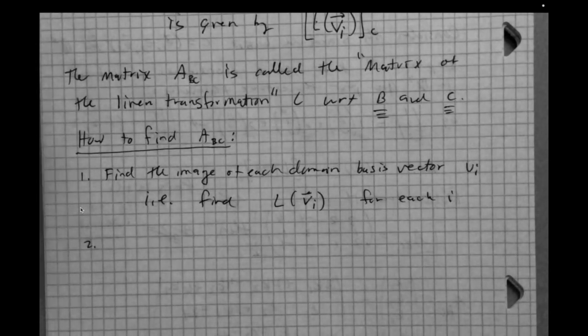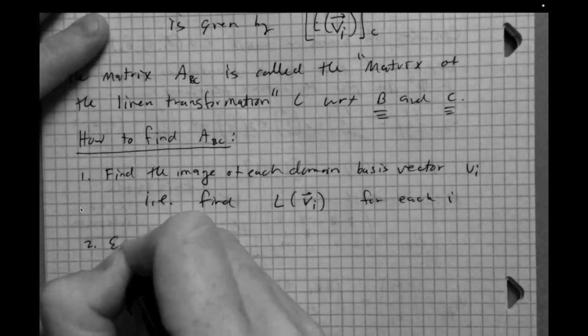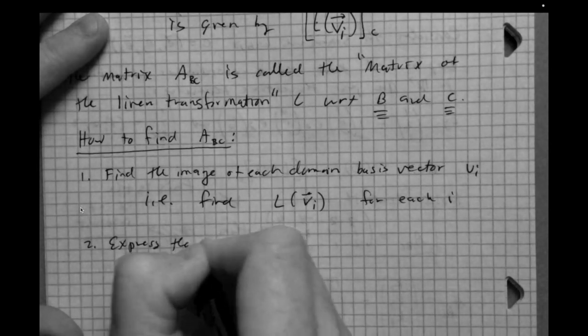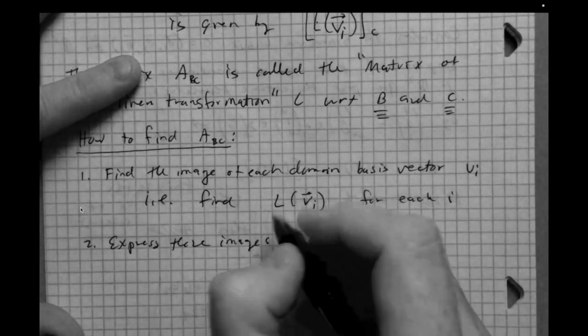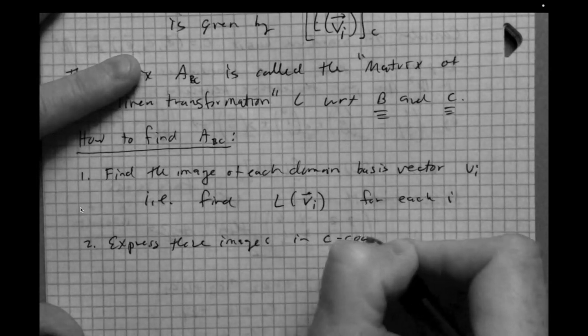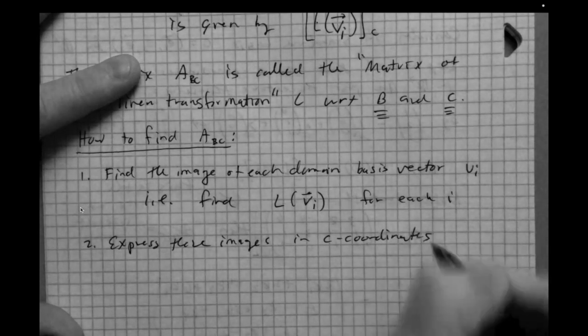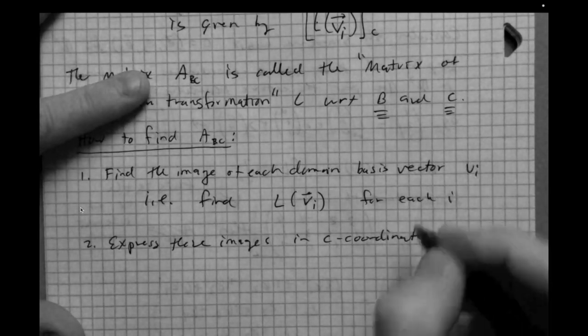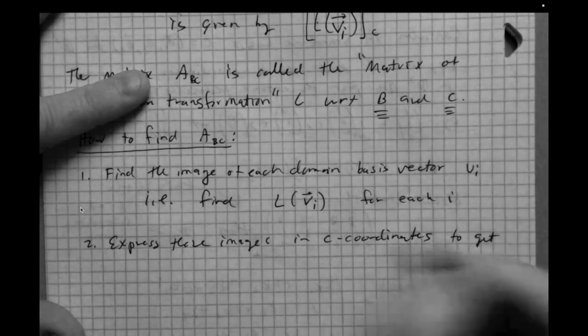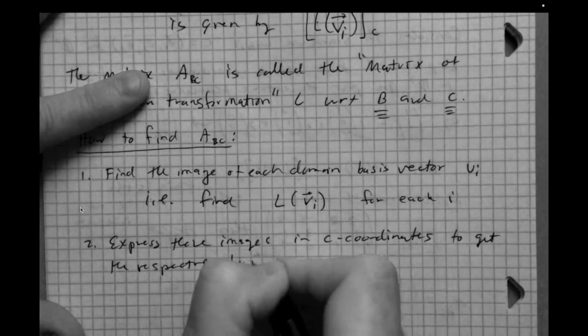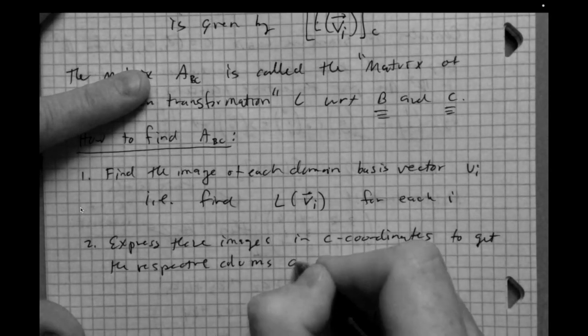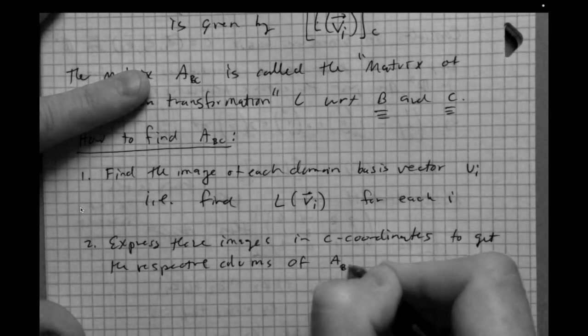And then you want to express these images in C coordinates to get the respective columns of A sub BC.